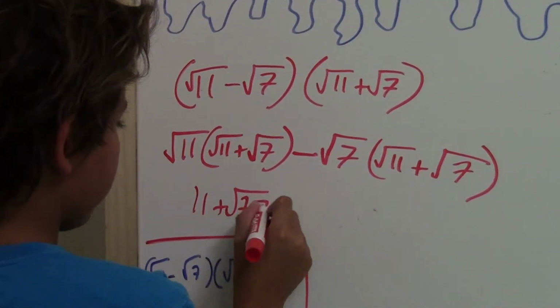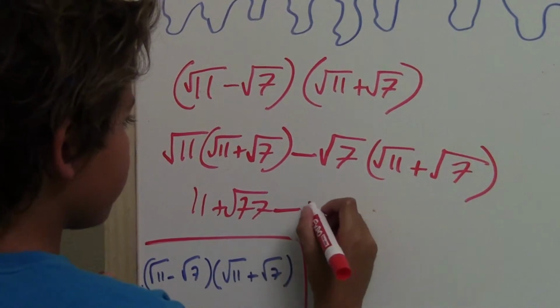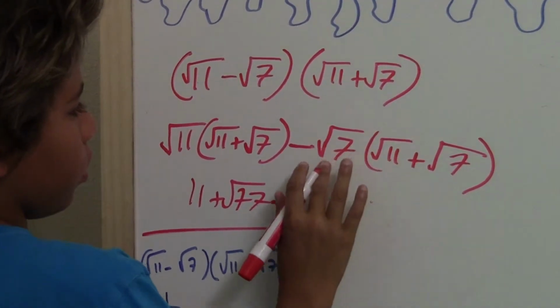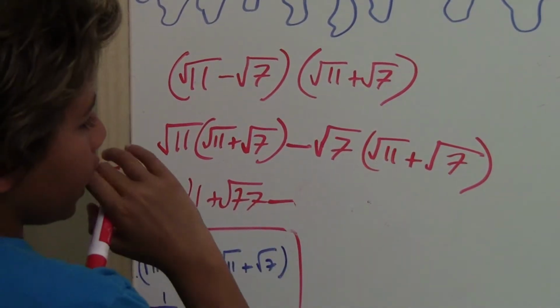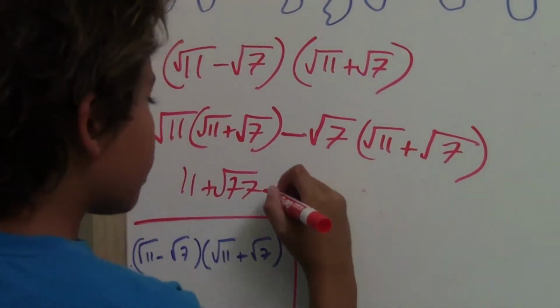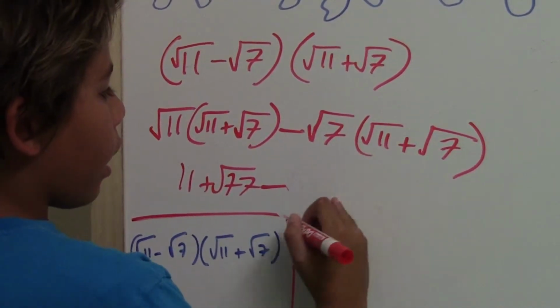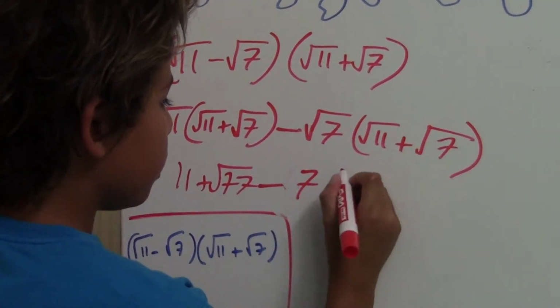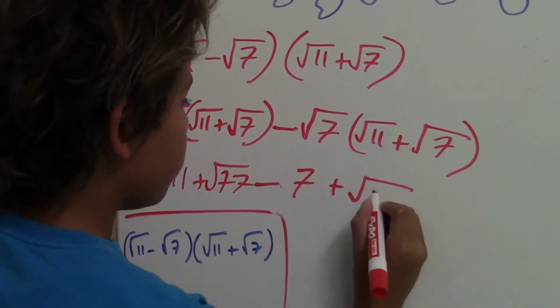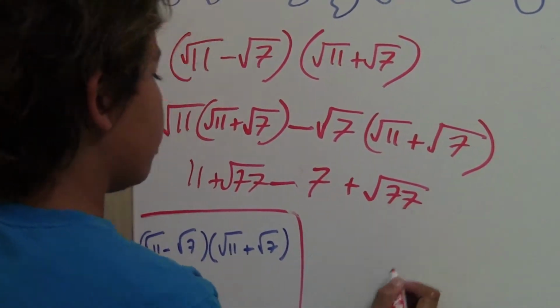Then that would be square root of 77 minus, let's see, when we times that by 7, that would be square root of 7 plus square root of 77.